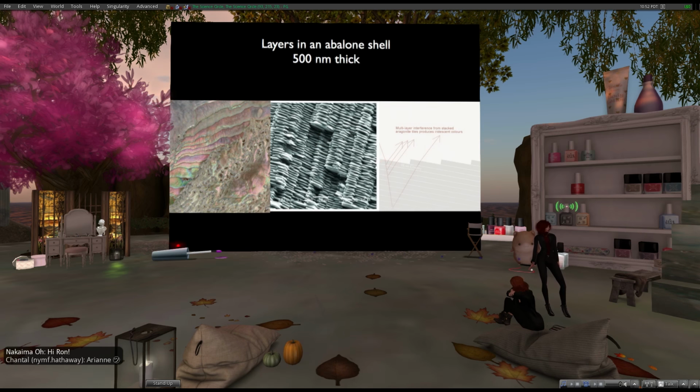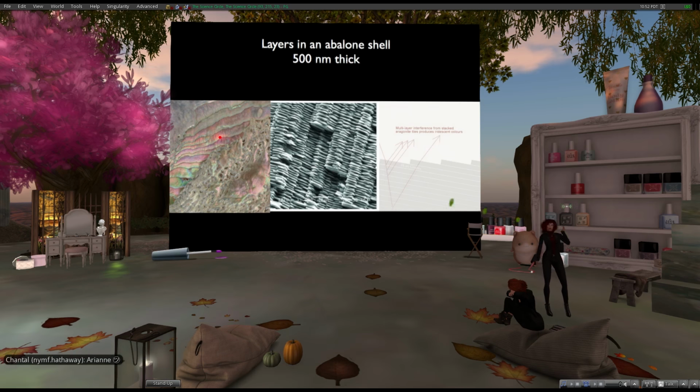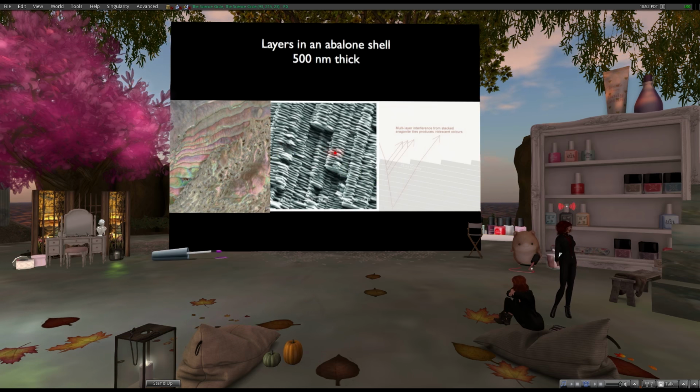And so nature has discovered this. We have abalone shells. And abalone shells, when we look at them with a scanning electron microscope, we see these layers in the abalone shell, layer after layer after layer.